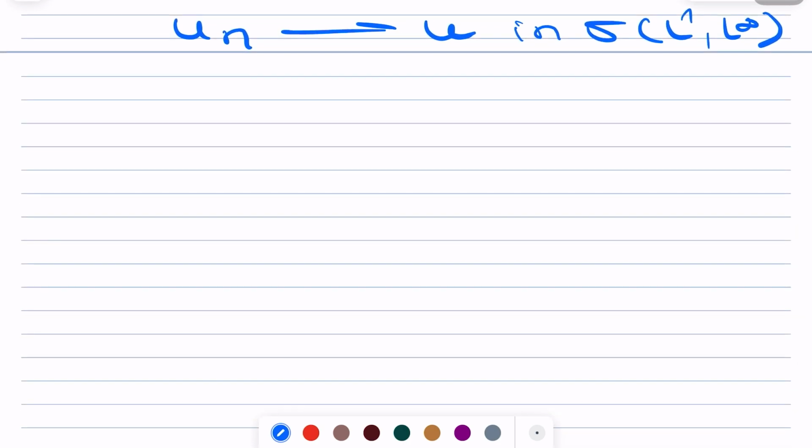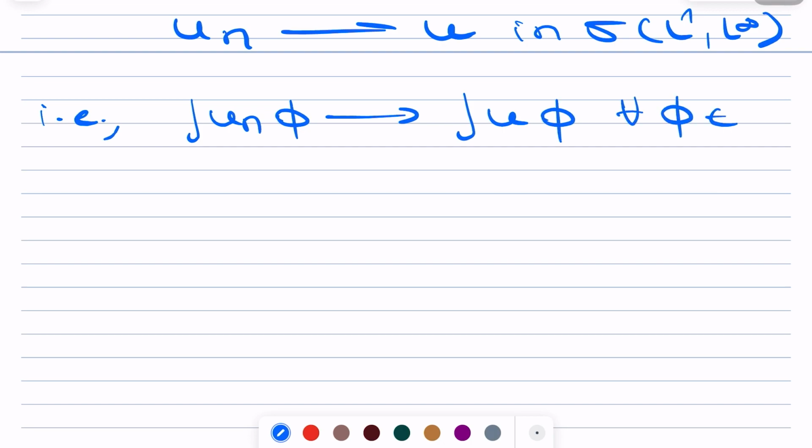So this means that the integral of Un phi goes to the integral of U phi for every phi in L infinity.